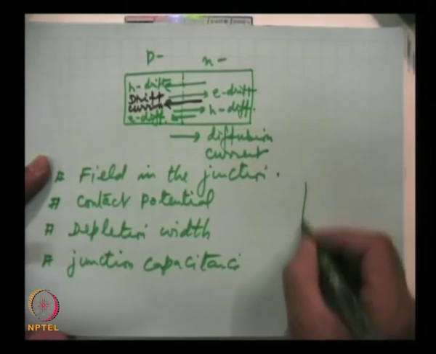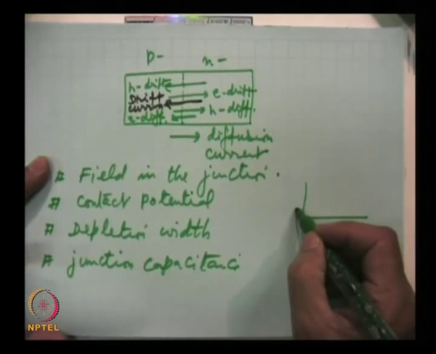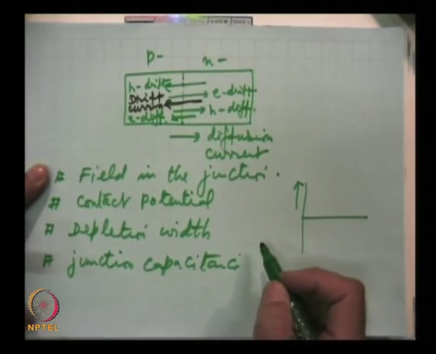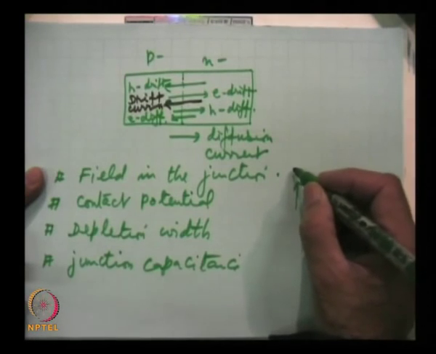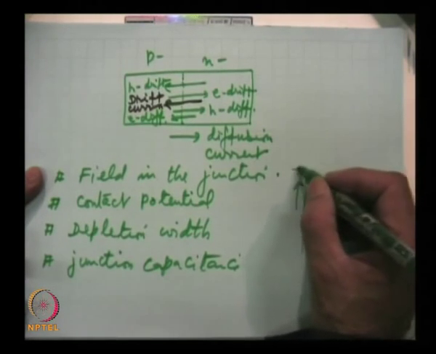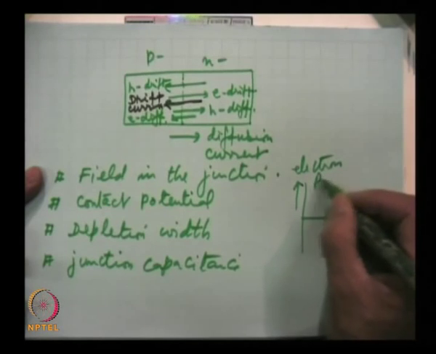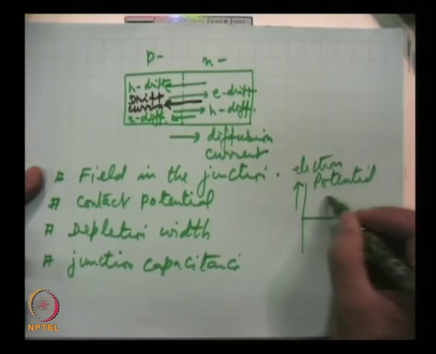Now, one more fundamental thing, which will be required in the further explanation: when we talk of electron energy and hole energy, we demonstrate that the electron energy increases in this direction. This is electron potential energy.